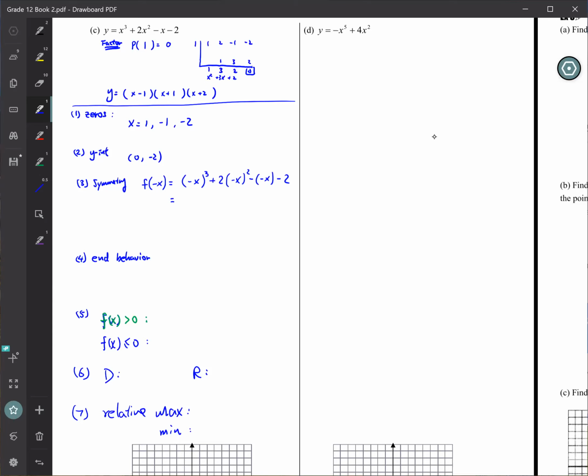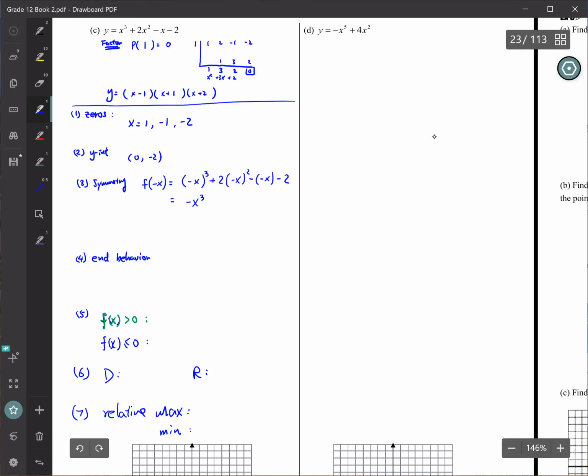Now we need to simplify it so we don't have brackets anymore. How do we simplify this now? Negative x cubed becomes negative x cubed.